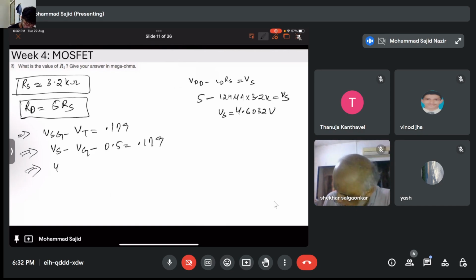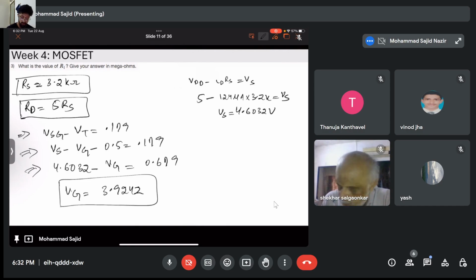And Vg here is equivalent to 0.179 plus 0.5, which is 0.679. So Vg will be equivalent to 3.9242. This is Vg.